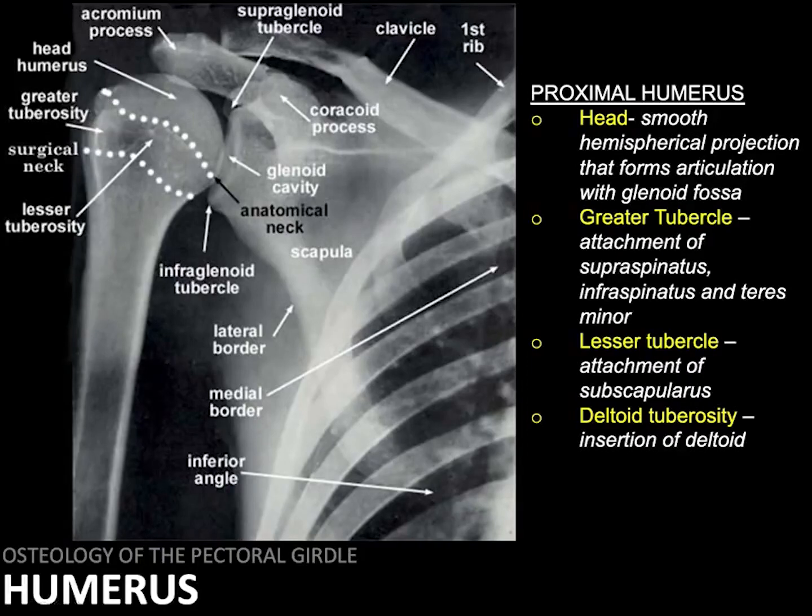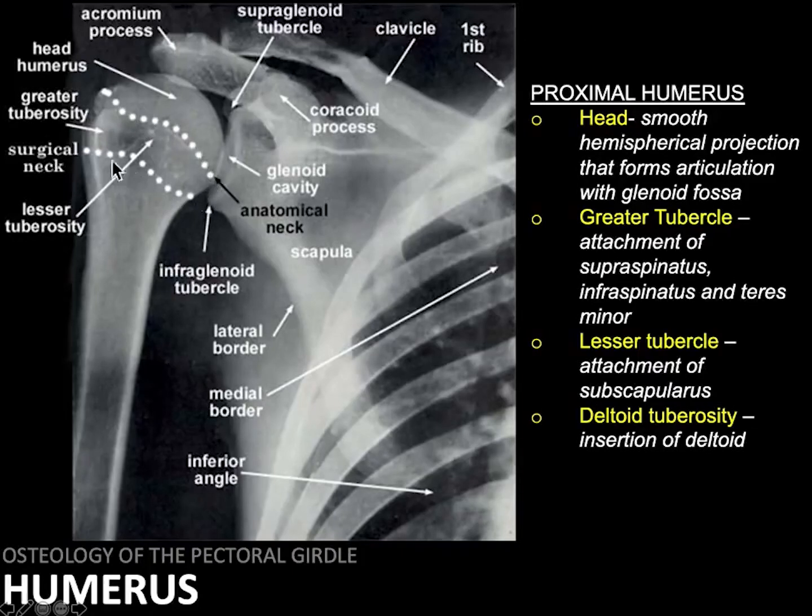Also, what we can differentiate on this image is the difference between the surgical neck and the anatomical neck of the humerus. As depicted on this image, this more inferior line is going to coincide with the surgical neck of the humerus, and then more superiorly we have the anatomical neck.